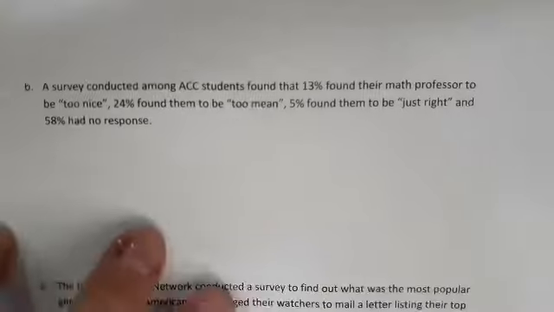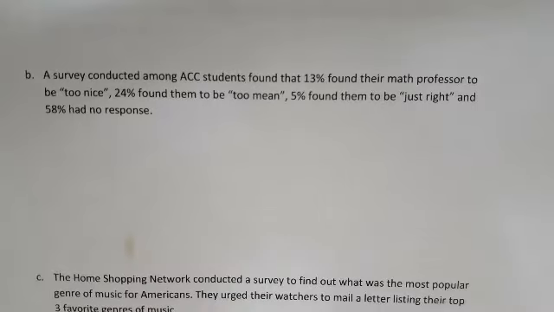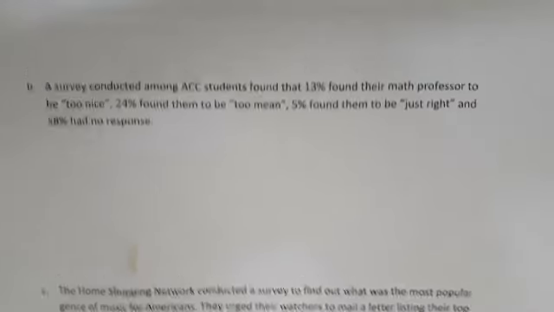So let's look at the next one. Ooh, got a little coffee on the paper now. So a survey conducted among ACC students found that 13% found their math professor to be too nice, 24% found them to be too mean, 5% found him to be just right, and 58% had no response. Was probably the correct thing to do. Okay.